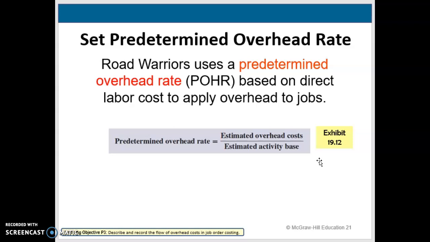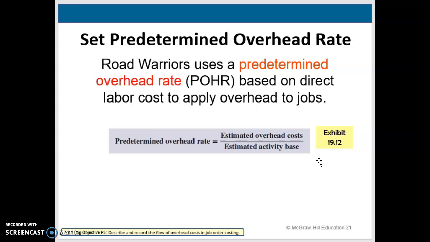So here, the predetermined overhead rate requires an estimate of the total overhead costs and an allocation factor, such as total direct labor cost, before the start of the period. So this is the usual formula that we're going to use for predetermined overhead rate. The rate is used during the period to allocate estimated overhead to specific jobs.